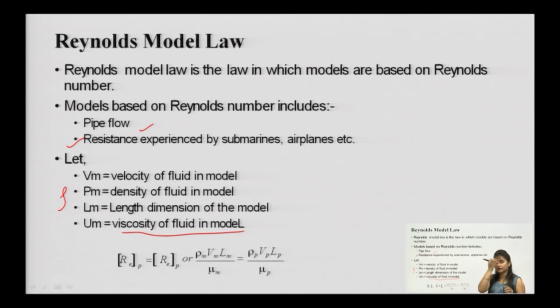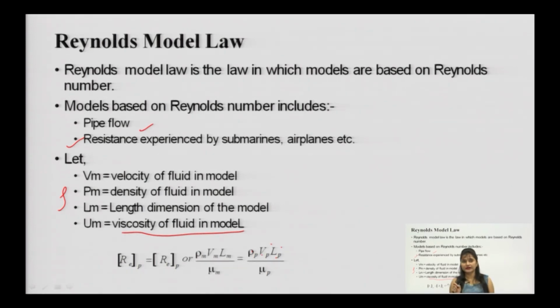According to Reynolds model law, the value rho V L by mu, that is, density of model, velocity of model, and length of model by the viscosity of model, should be equal to density of prototype, velocity of prototype, and length of prototype by viscosity of prototype.